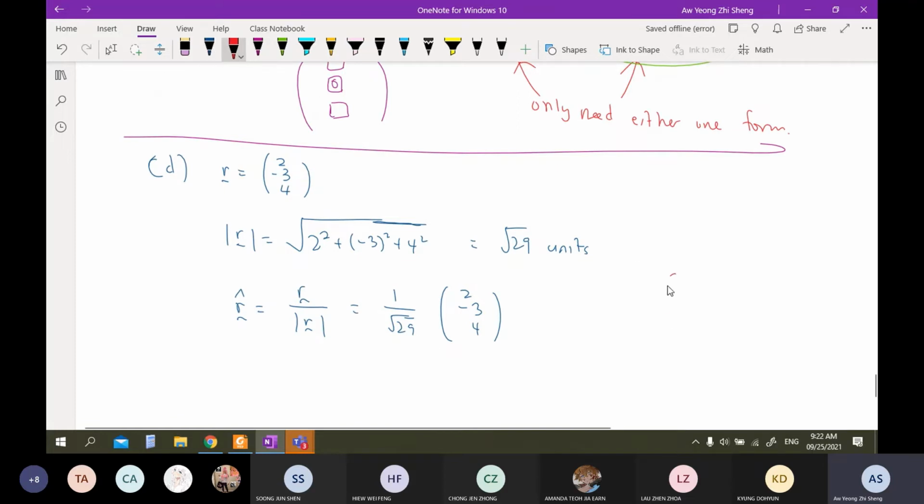Well, there's nothing wrong writing (2, -3, 4) over root 29. This is actually correct. But when you have a vertical bracket form divided by a number, people usually prefer to write this number as a fractional coefficient because it looks nicer that way.